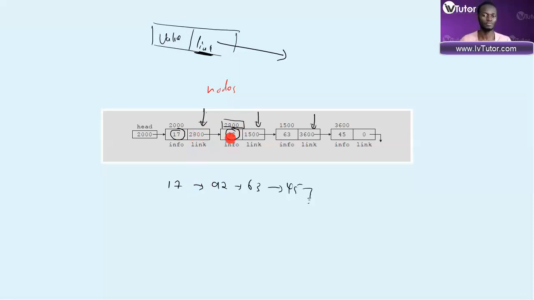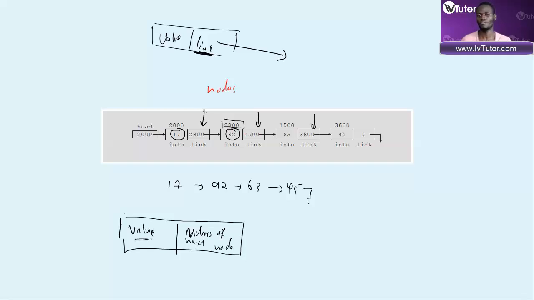This node 92 points to this node 63, which is at address 1500, which means the link inside this node is the address of the next node. So each node stores its value and the address of the next node. So what we have here is the address of the next node, and this is the value of the node.